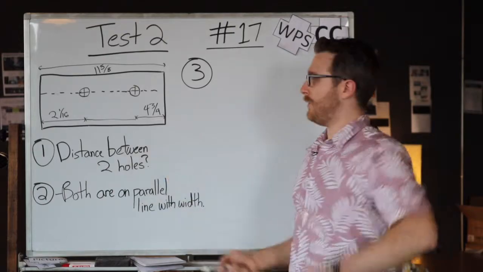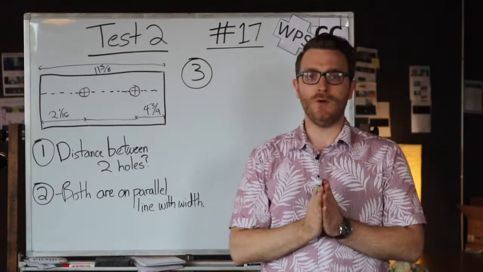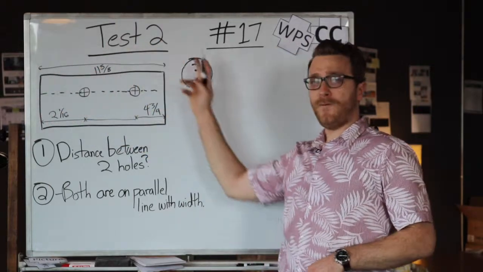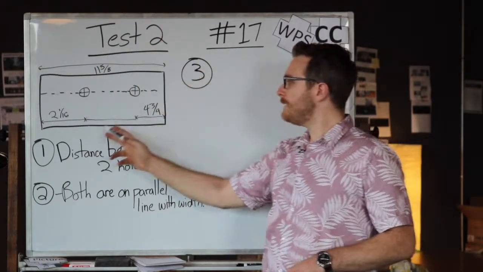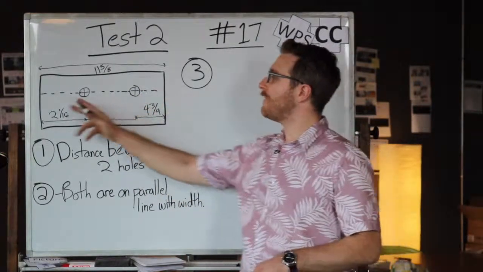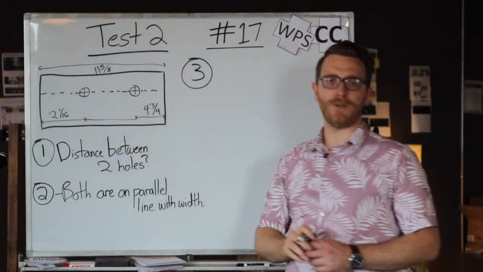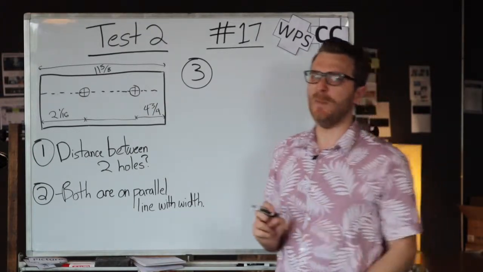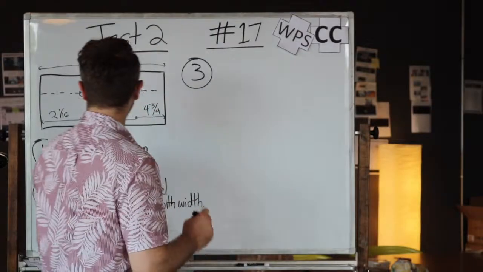This is math, not art. Don't judge me. So what we're going to do is we're going to take 11 5/8, that's the full length of the width of the piece, and we're going to subtract these 2 pieces here. That's how far away they are from the edges to find out what's the remainder here in the middle. But you're going to find as soon as we start our subtraction, we're going to run into a bit of a problem. So let's dive in here.